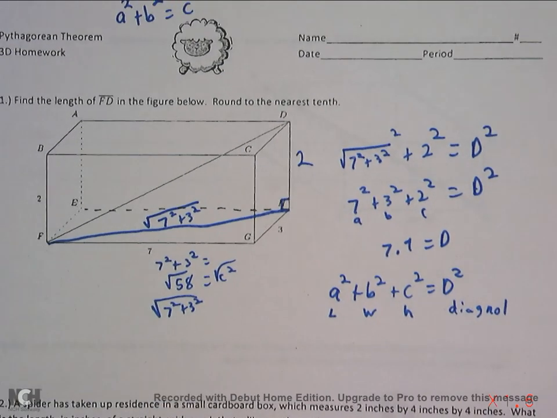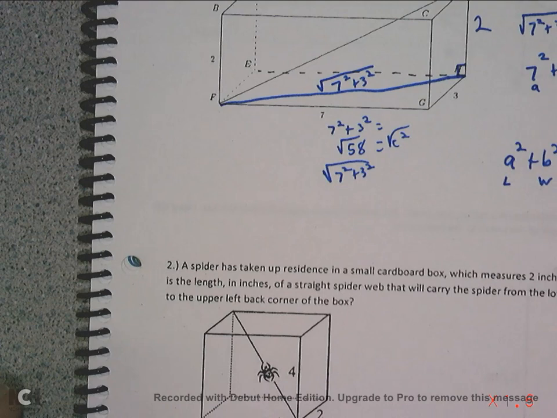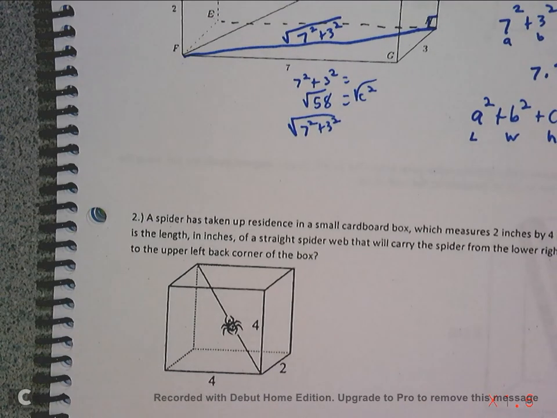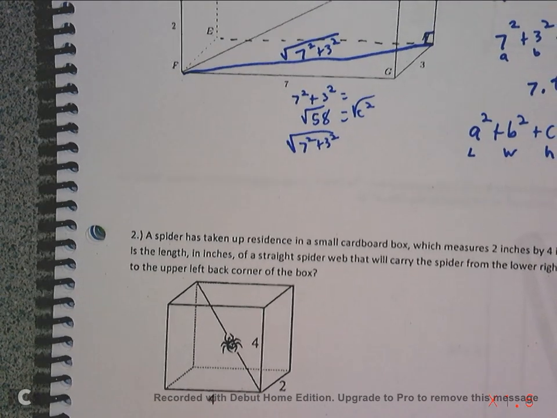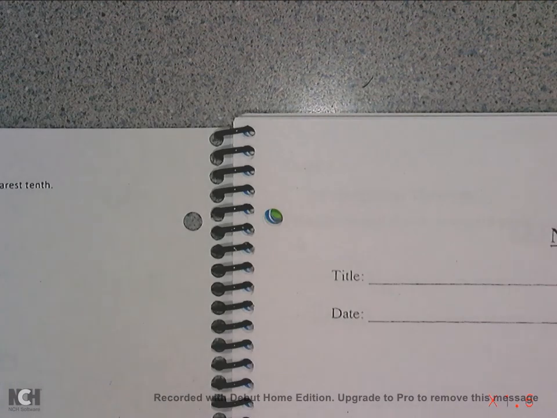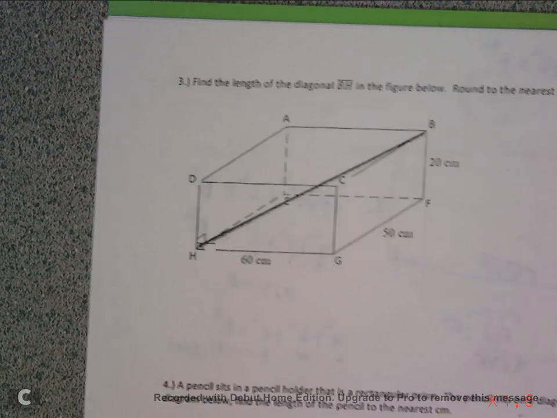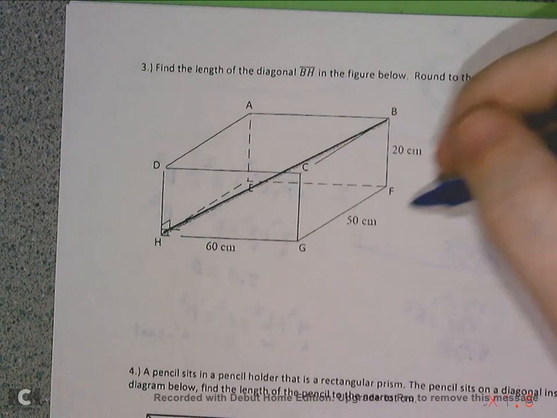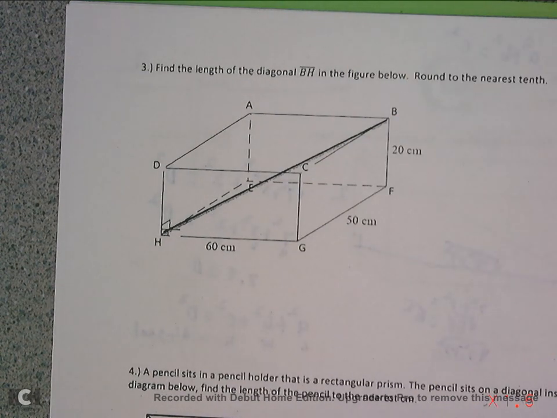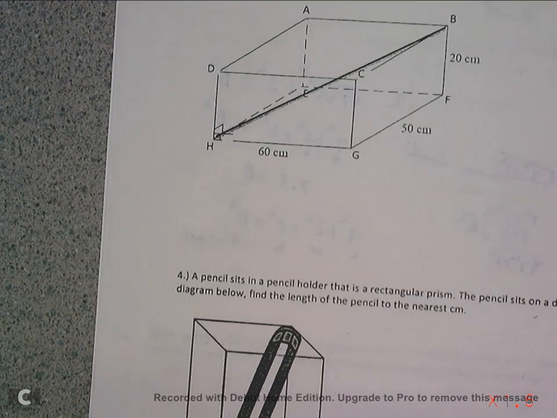So let's look at another example now that we've got that. Let's actually look at this one right here. The first step is to identify your length, your width, and your height.